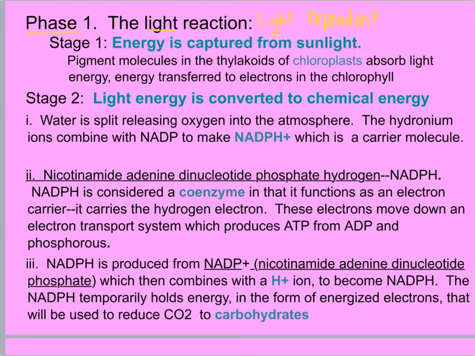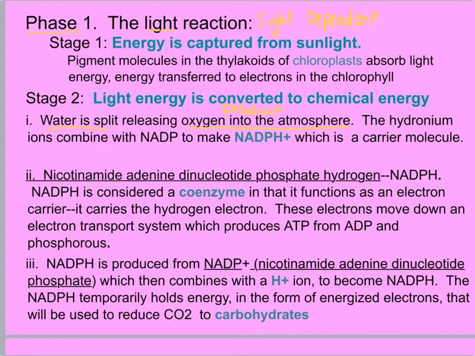The next stage of the light reaction is going to be when that light is converted into chemical energy. And to do that, water is split. When water is split, that oxygen goes into the atmosphere. So in the light reaction, oxygen is released as a product into the atmosphere.